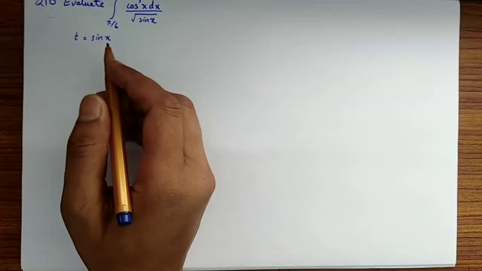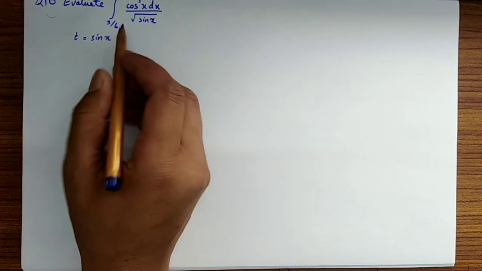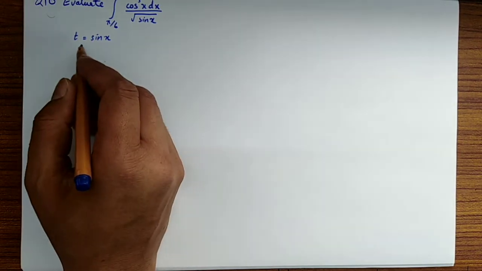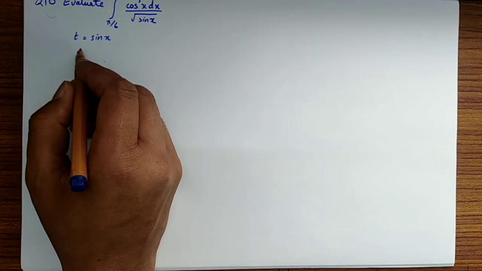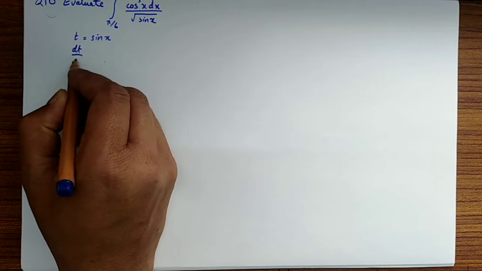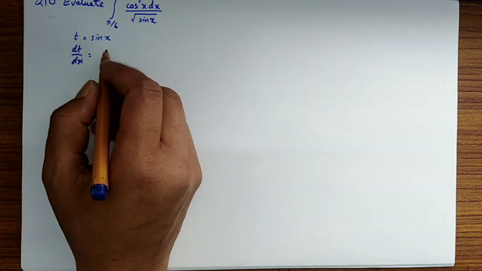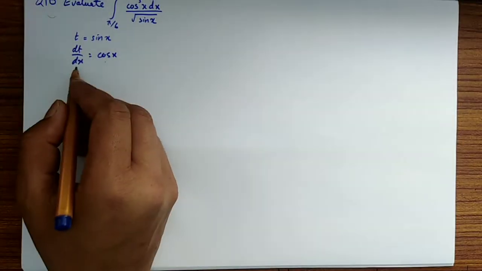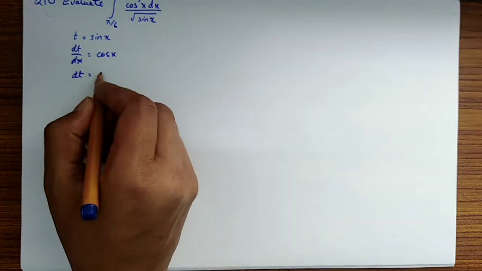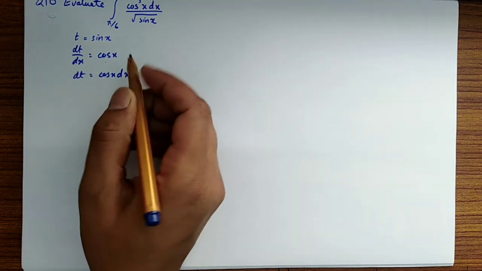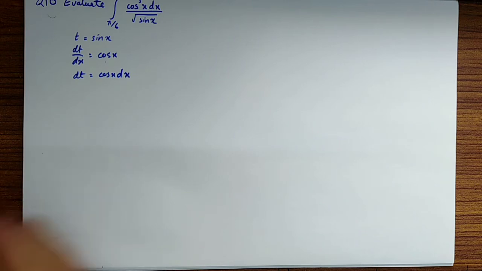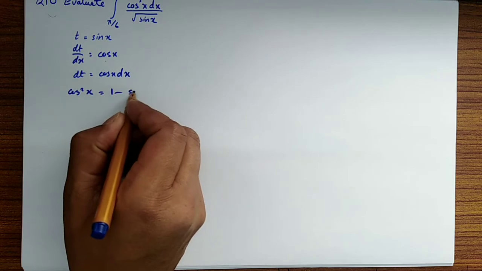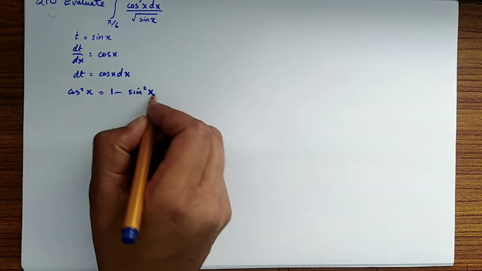Okay guys, starting with question number 10 now. In place of sine x, I'm going to suppose t is equal to sine x, and taking the derivative of sine x, dt with respect to x gives cos x, right? So dt equals cos x dx, and we know that cos square x equals 1 minus sine square x.